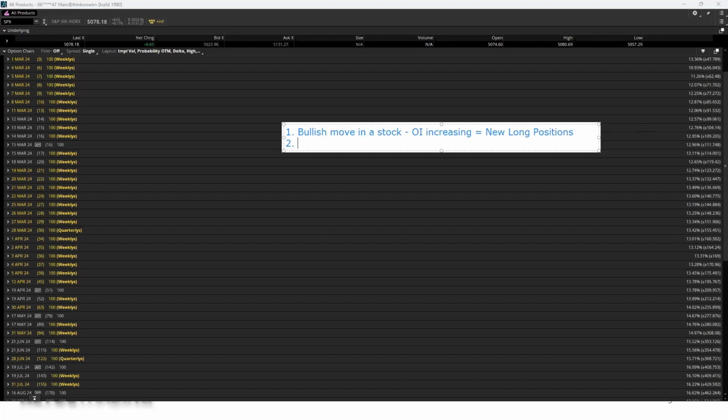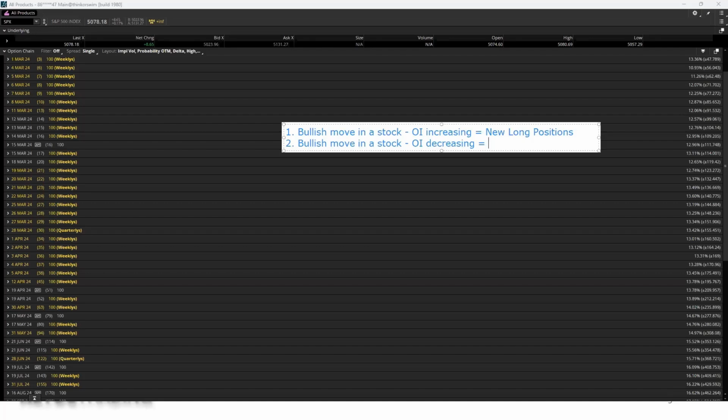But then let's say you have a similar initial case where you got a bullish move in a stock, but open interest is decreasing. What does that mean? That could be a bearish indication.